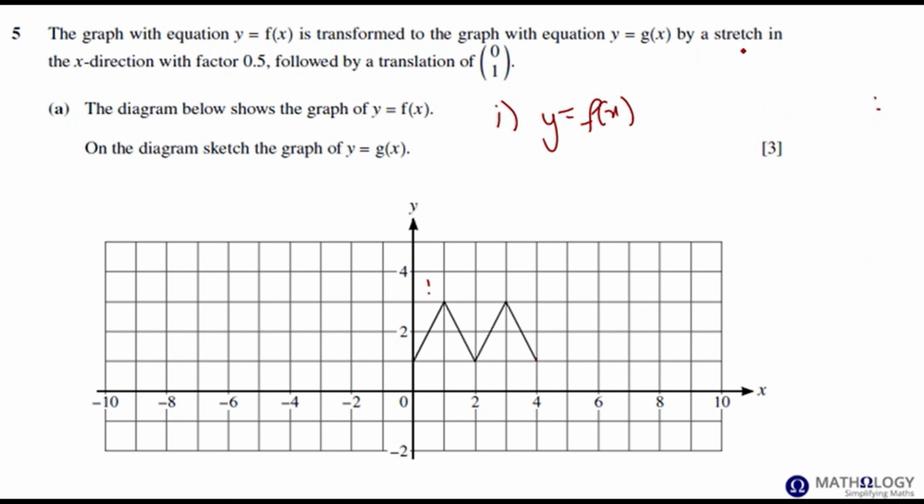So the first transformation is a stretch in the x direction with a scale factor of 0.5 or a half. Now recall that the function y equals f of ax is the function y equals f of x stretched horizontally in the x direction with a scale factor of 1 over a. So the fact that this scale factor is a half, we have 1 over a half, which is 2.